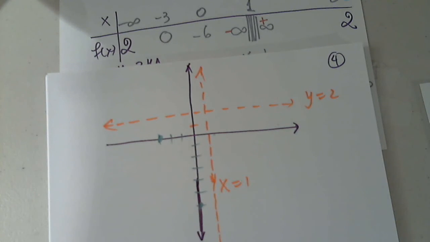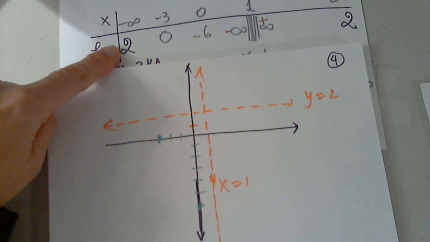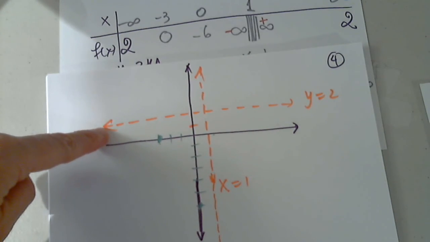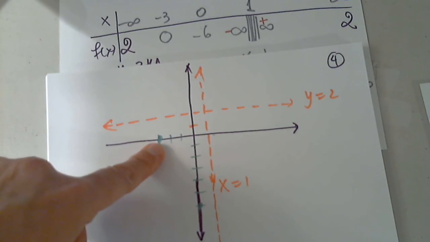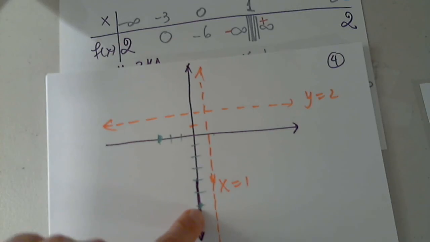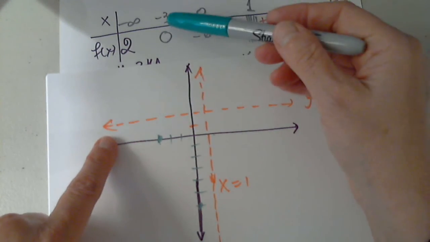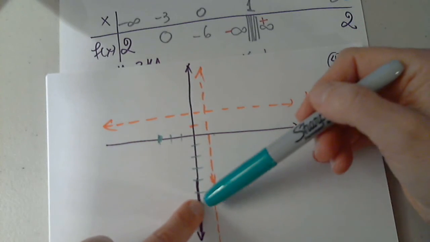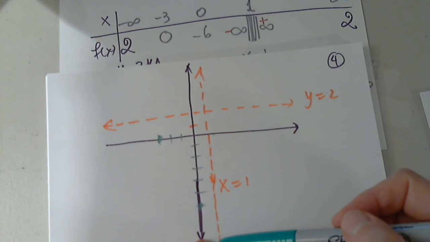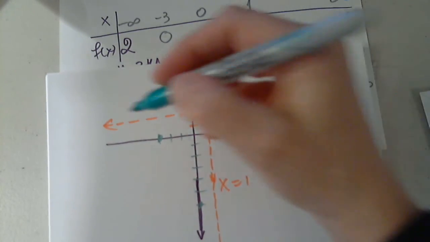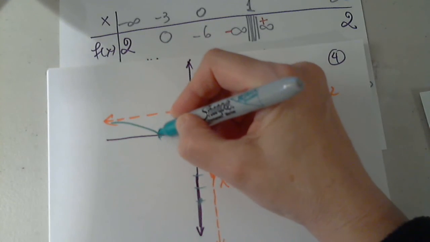And I'm ready to graph. The table says, from approaching 2, cross at negative 3, 0, cross at 0, negative 6, and go towards negative infinity. One more time. Approaching 2, cross here, and get closer to negative infinity. No problem whatsoever.